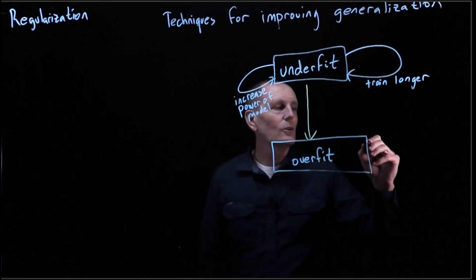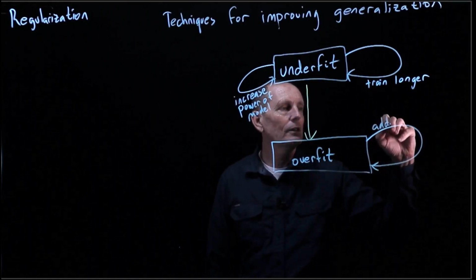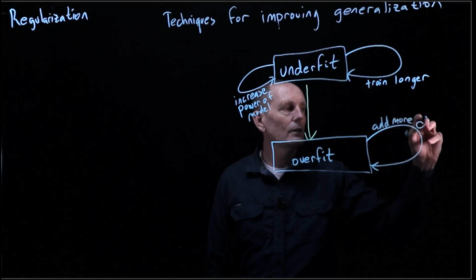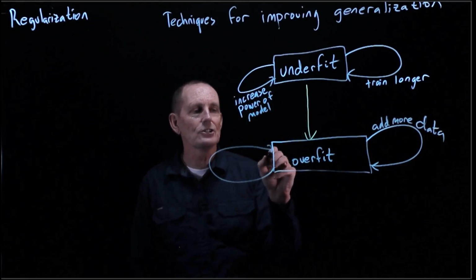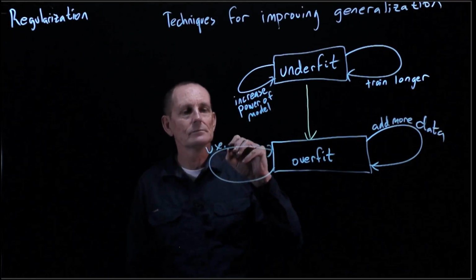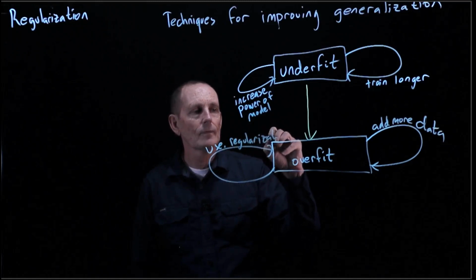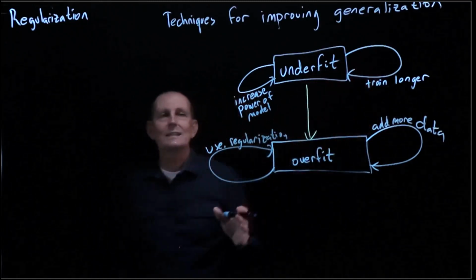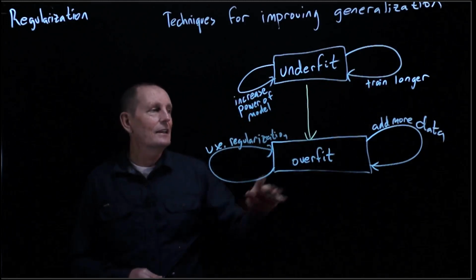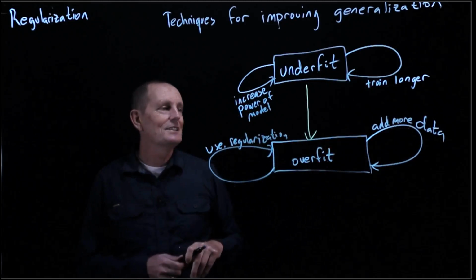Well, for overfitting, one thing we can do is add more data. And another thing we can do is use regularization techniques. So perhaps these arrows aren't quite right? Because we're not saying that if you're overfit and you add more data, you necessarily stay overfit.